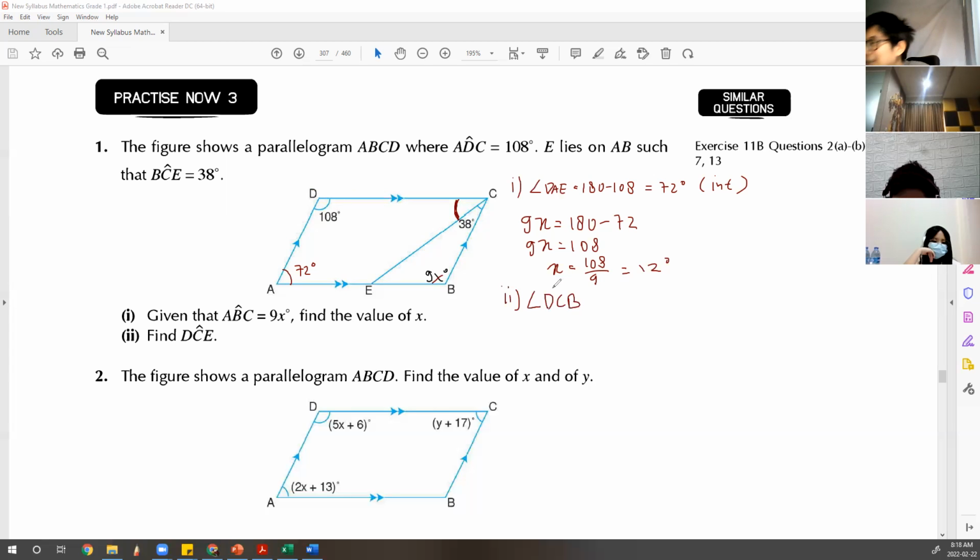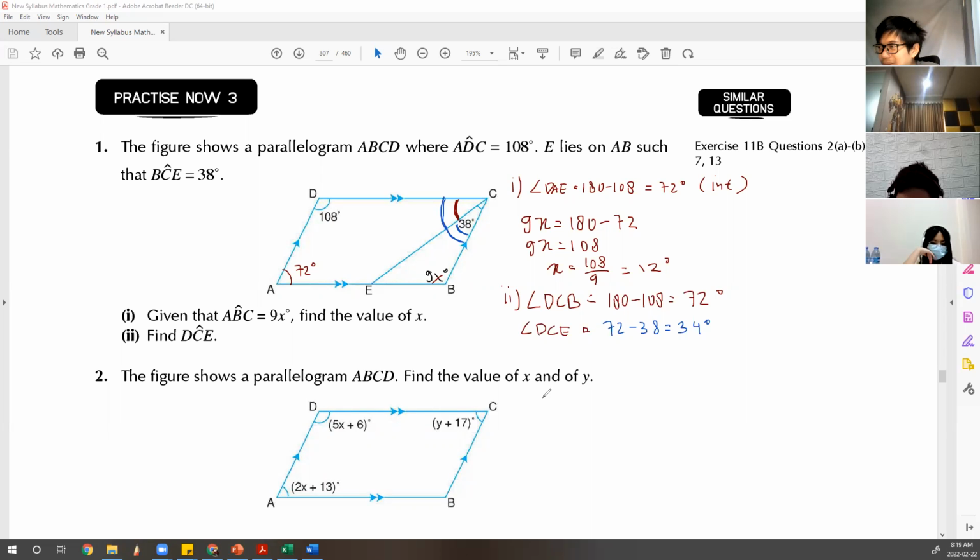Try to look from another perspective if you are stuck. So DCB equals 180 subtract 108, so it is 72 also. You don't have to rewrite it, by the way, but we know that angle DCE, as you can see, the 72 is here, right? And this is 38. So DCE is 72, the big angle, subtract the small angle 38. So it has to be 34 degrees. That's it.